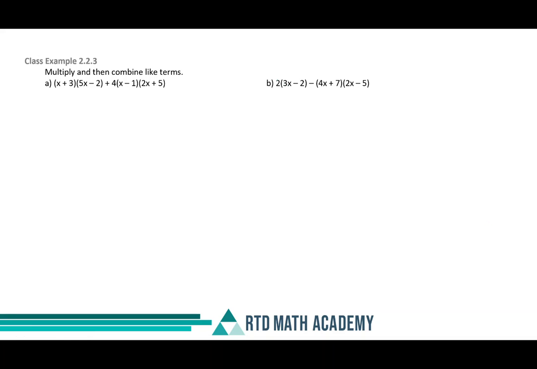Okay, for question B, I am going to use the claw method. 2 multiplied by 3x and then 2 multiplied by negative 2. Now, I've got that subtraction sign in between those two, so it's almost like I want to just separate those two, and I'm going to just deal with these two binomials first. I'm going to say with the claw 4x times 2x and 4x times negative 5, 7 times 2x and 7 times negative 5.